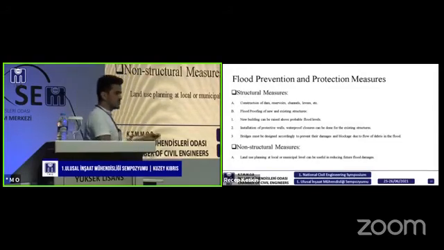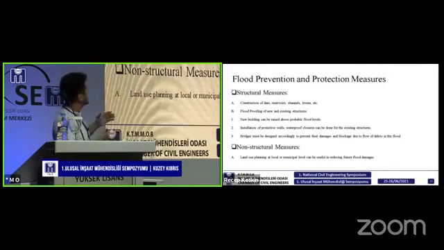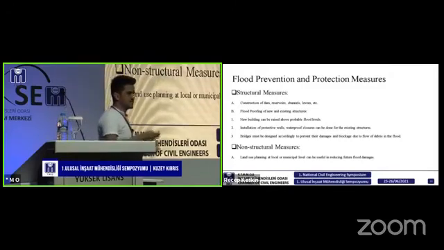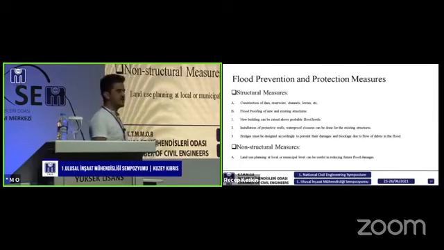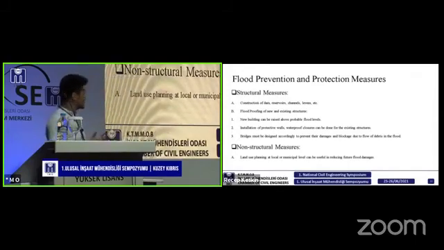That also needs to be considered because the bridges and their openings can be closed by debris and other things that the flood brings with it. We have to consider that in the design of the bridges. And for non-structural measures, land use planning at the local or municipal level can be useful in reducing future flood damages.